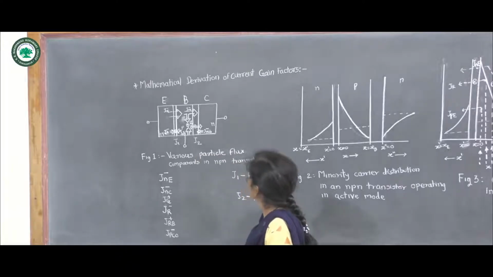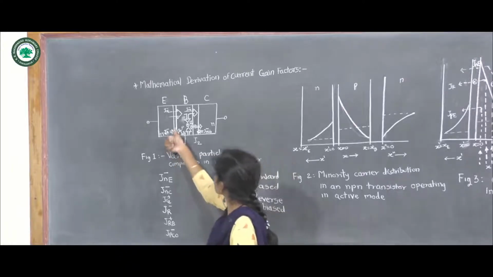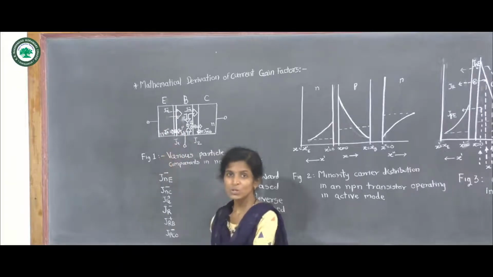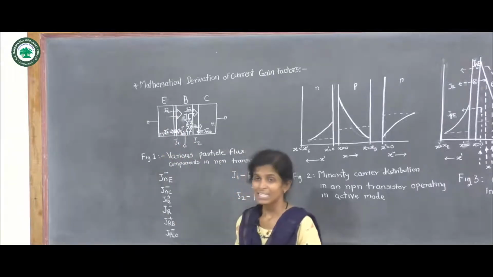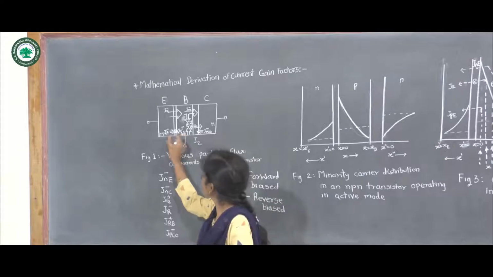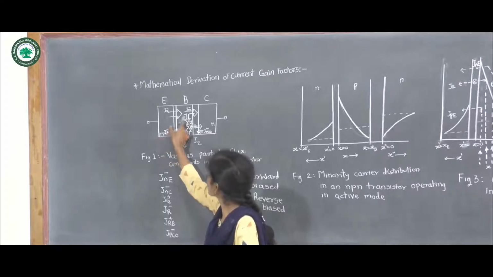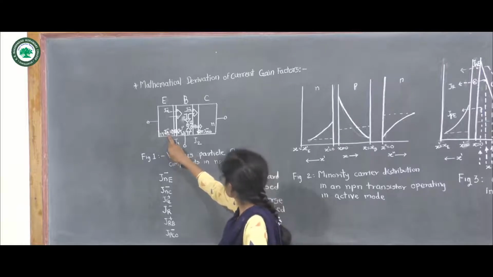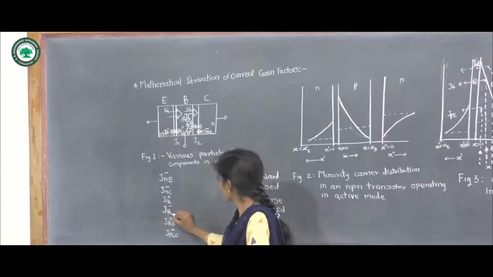Again, as junction J1 is in forward bias, at the emitter base space charge region there is a possibility of recombination of electrons and holes, which forms the particle flux given by JR minus.